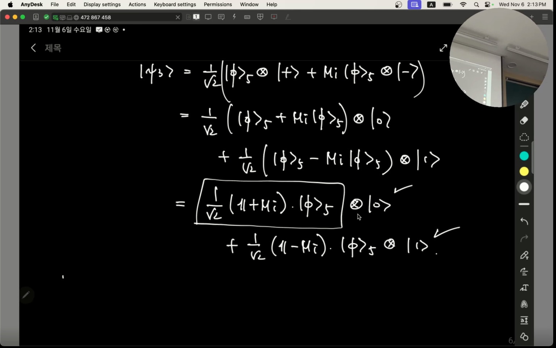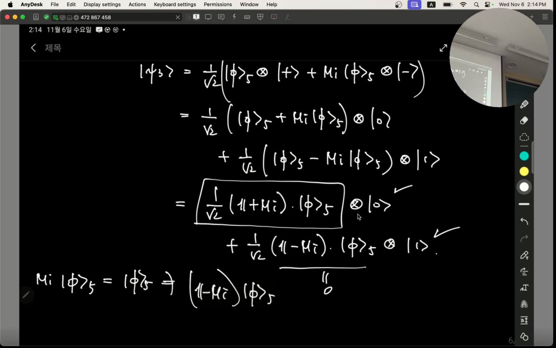So let's suppose that v5 is a plus 1 eigenstate of mi. Then 1 minus mi applied to v5 is equal to v5 minus v5, so it's 0. So we don't have the second superposition, right?